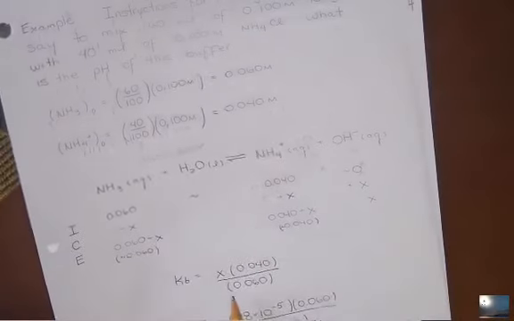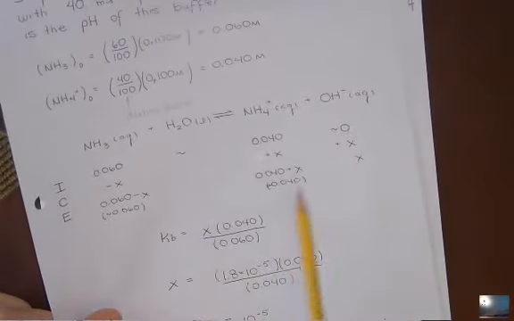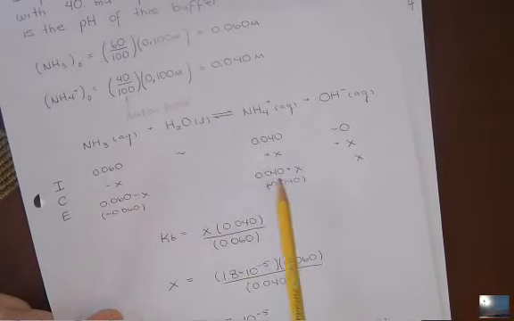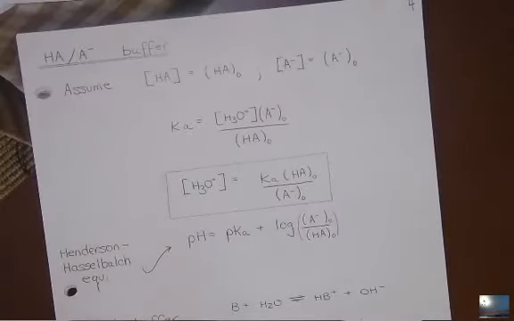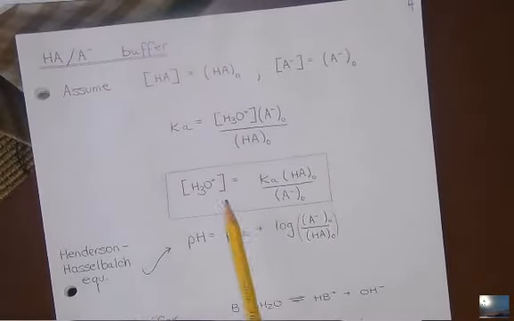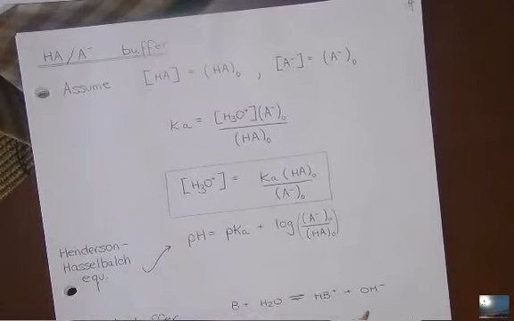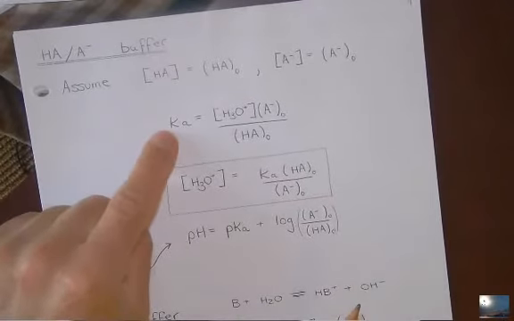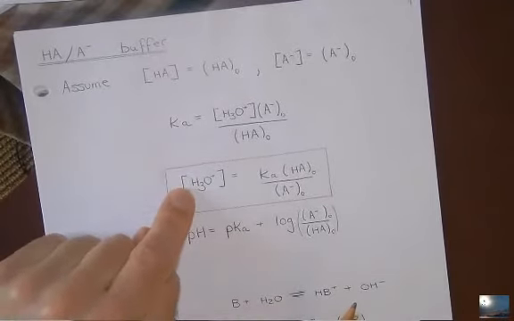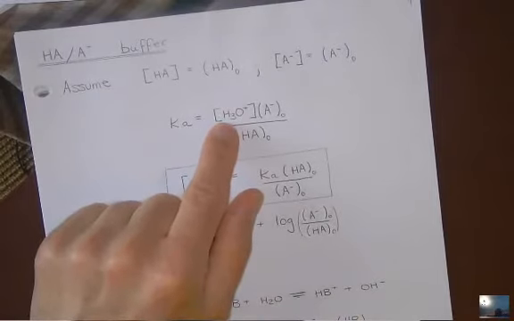Look, it happened here, right? Ka was the concentration of the conjugate acid over the base. The 0.04 went in the numerator, the 0.06 went in the denominator. Well, if that's always going to happen, you can make a cool little equation. Rearrange this, just do algebra, solve it for hydronium. Why are we solving it for hydronium?